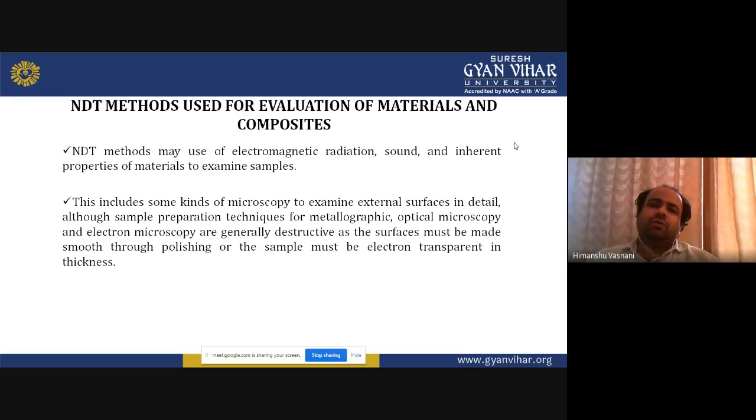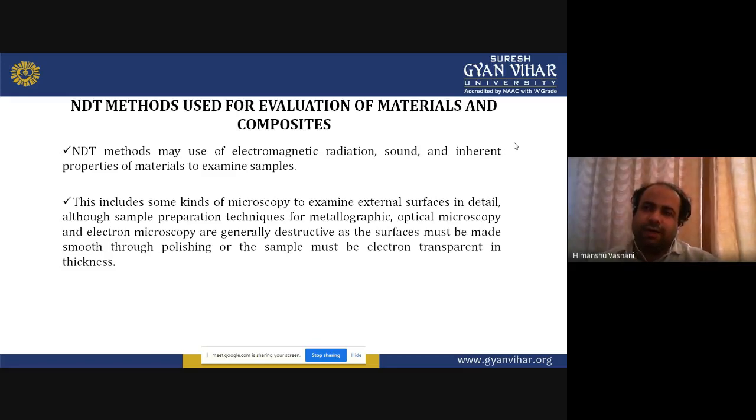So you have to make the surface smooth, either through grinding or through polishing. Polishing actually enhances the transparency of the material.